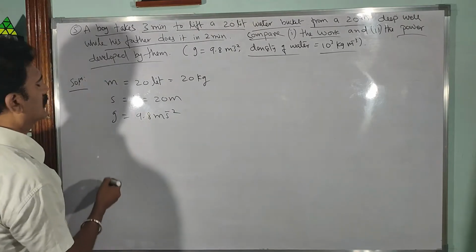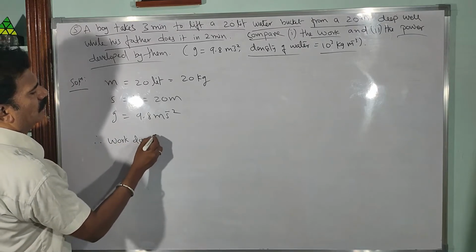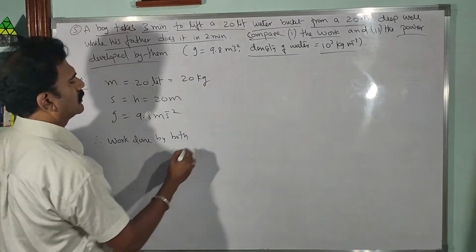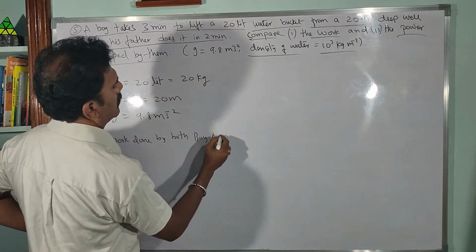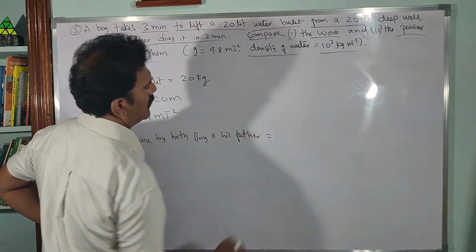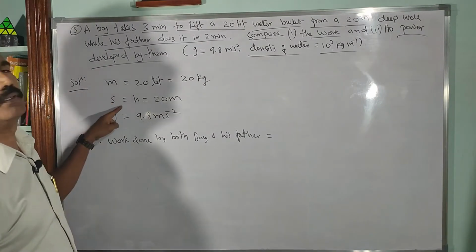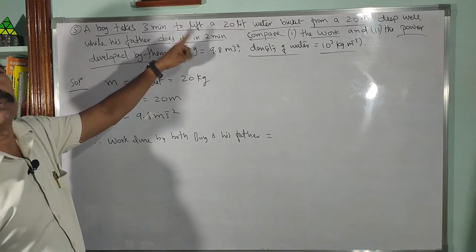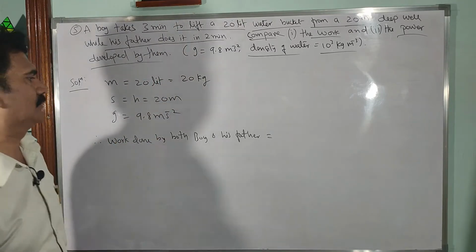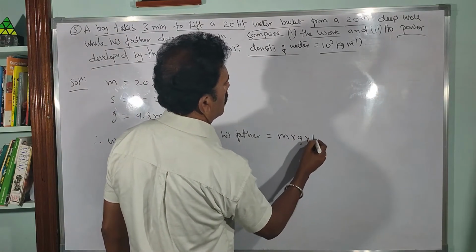Instead of 10, they have given the exact value 9.8 meter per second square. So first you calculate the work. Therefore, the work done by both the boy and his father will be the same, because they are lifting the same load to the same height irrespective of the time. The work done is not dependent on the time, correct? So that is equal to mg into h.